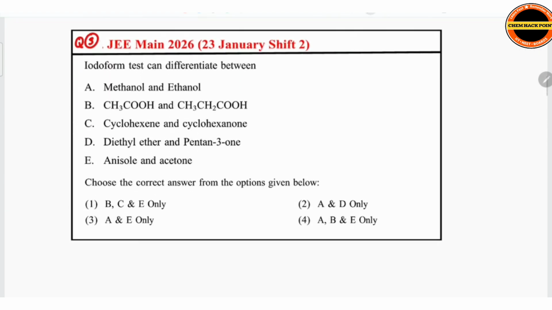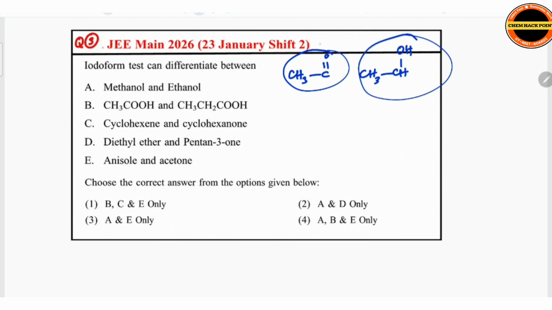Next, JEE Main 2026, 23rd January shift 2. Iodoform test can differentiate between methanol as well as ethanol, CH3COOH, CH3CH2OH. And if you observe it, here we know iodoform test is mainly given by the groups like CH3CO, methyl ketones, such groups should be present, or methyl CHOH.